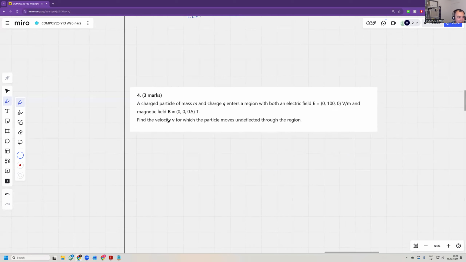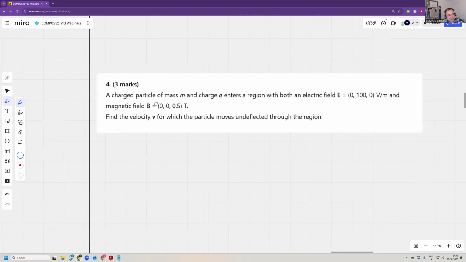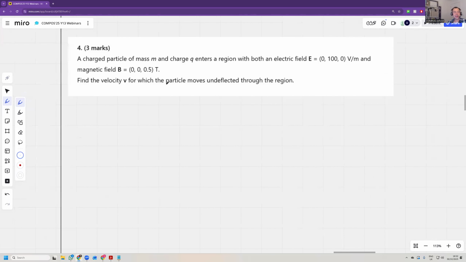Okay, moving on. This is getting more interesting. A charged particle of mass m and charge q enters a region with both an electric field and a magnetic field. Find the velocity with which the particle moves undeflected.